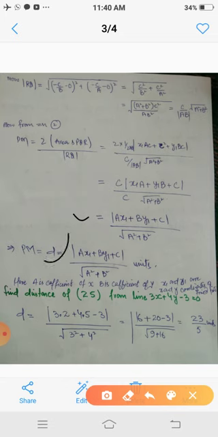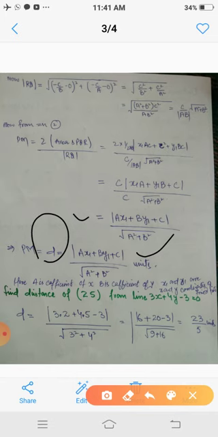This means that the required distance between this point and the line ax + by + c = 0 is the modulus of ax1 + by1 + c upon root of a squared plus b squared.